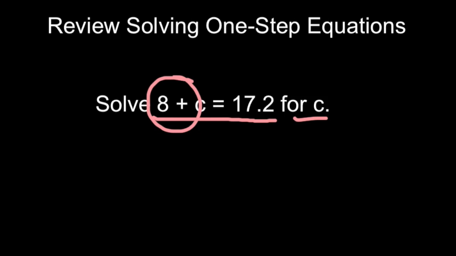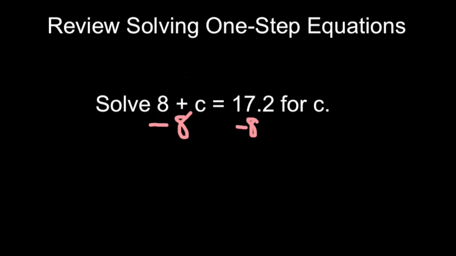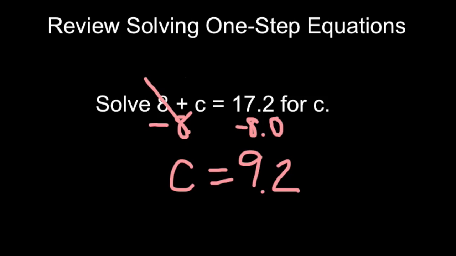To solve the equation, we do the opposite, and the opposite of addition is to take away 8 from both sides of the equation. 8 minus 8 cancels out, leaving just c on the left side, and 17 and 2/10 minus 8 whole is 9 and 2/10.